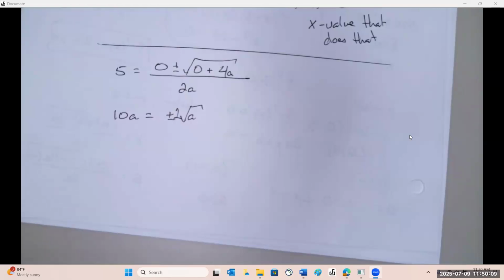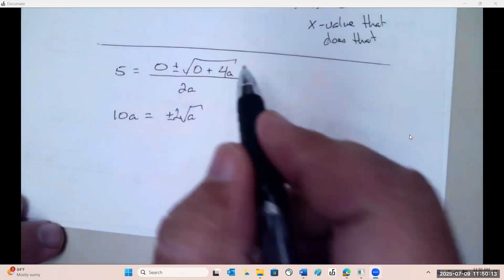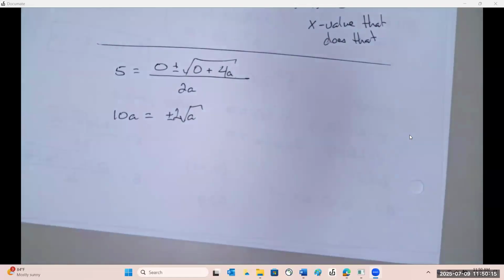Okay, so we have this so far. The square root of 4 is 2, square root of 8. So where do we go from here? What are we solving for? a. We're trying to get a by itself.